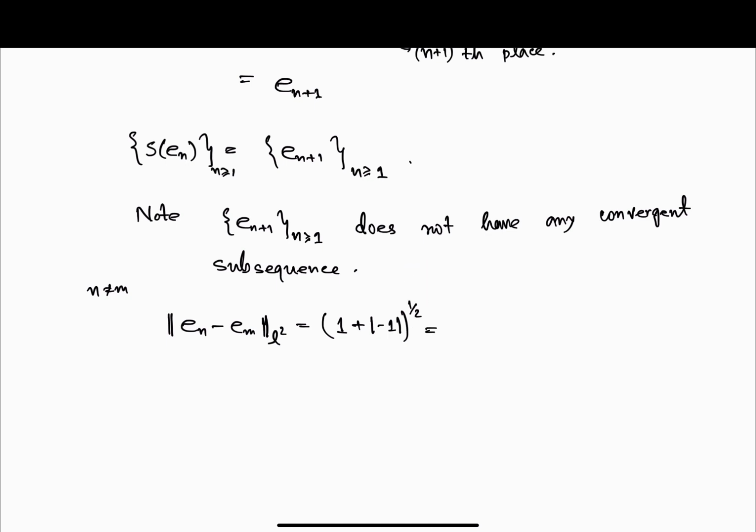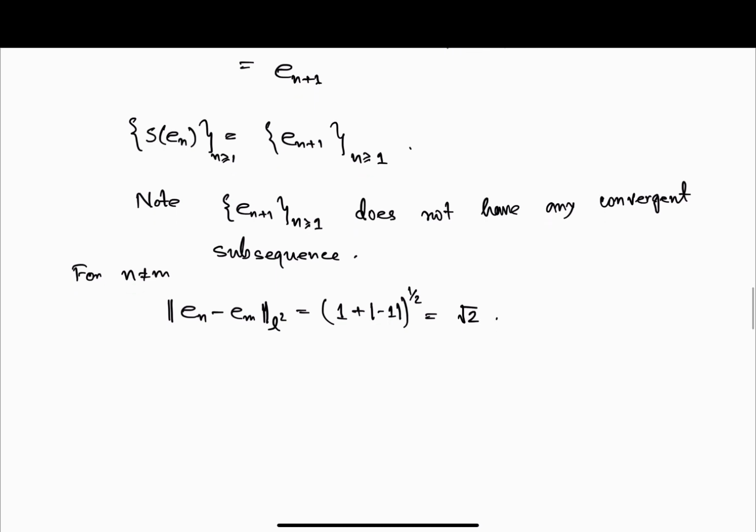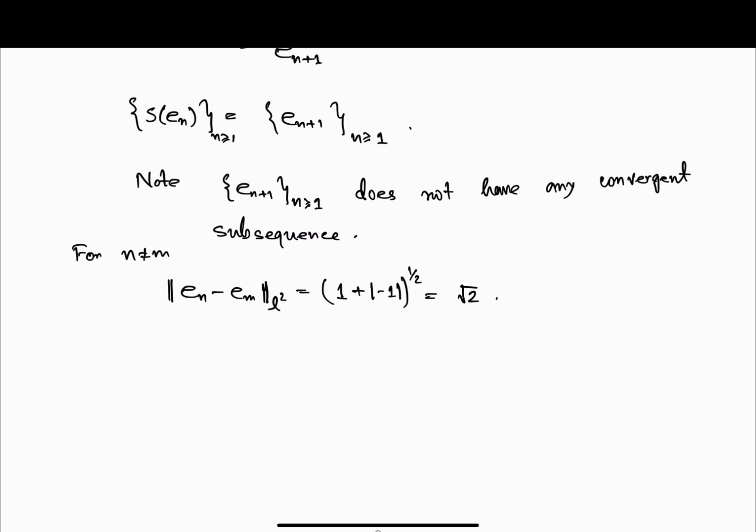So this is 1 plus 1 is 2, root 2. So for n not equal to m, the distance of En and Em is always root 2, so it cannot go to 0, right?